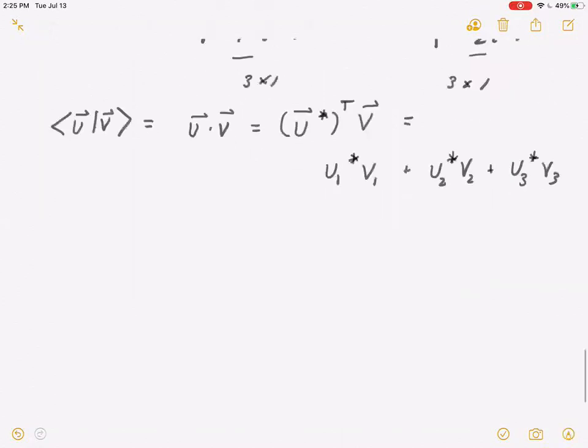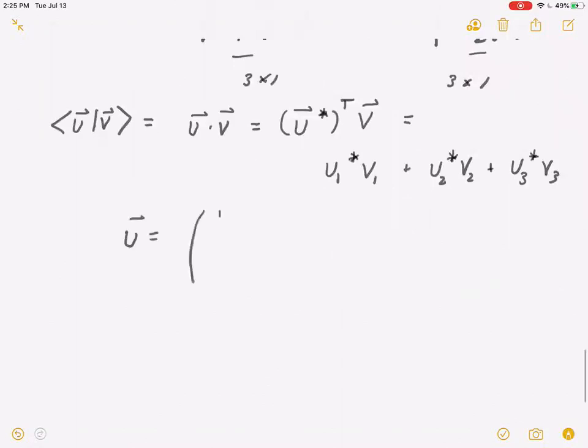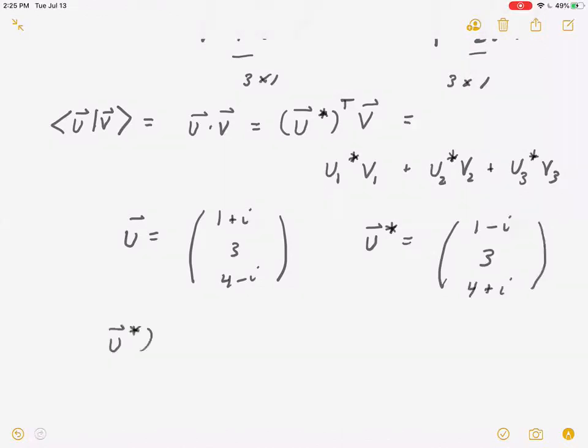So let's do that. Let's spell it out. Here is U. Here is the complex conjugate of U. And here is the transpose of the complex conjugate of U. Here U is a 3x1 matrix.